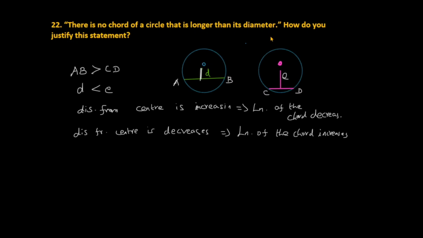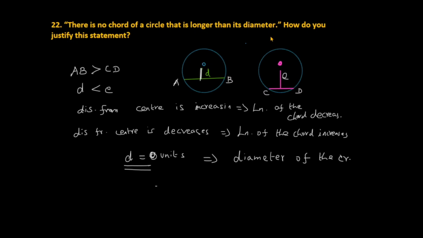So from the center to the chord, if D is equal to 0, the distance from the center to the chord is 0. There is no distance between the center and the chord. Zero distance means that the chord is nothing but the diameter of the circle. So only the diameter is the longest chord.